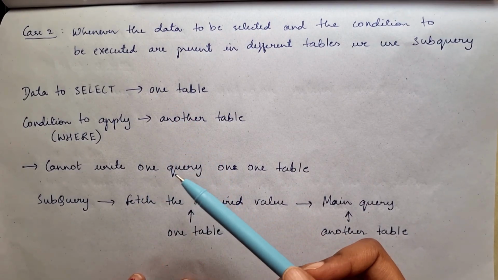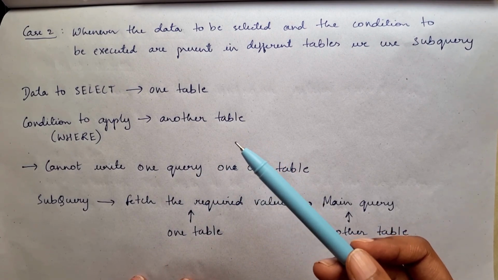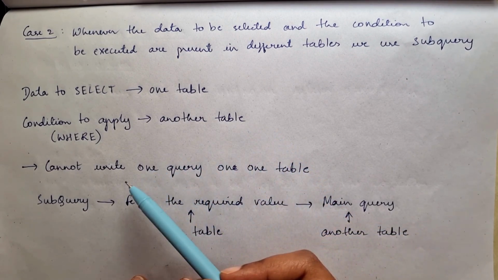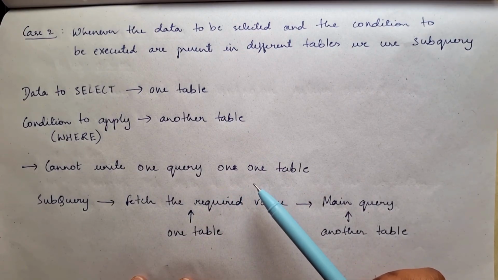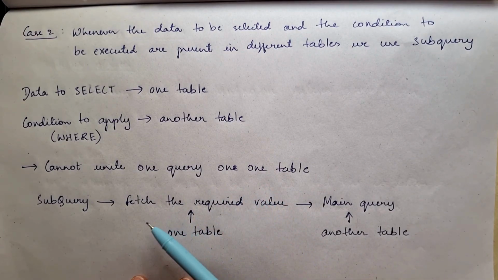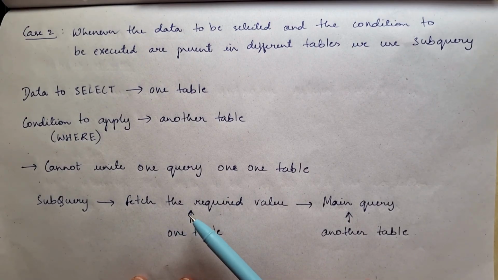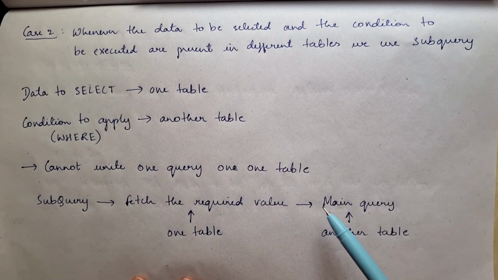Since the required information is spread across two different tables, we cannot directly write a single query on one table. So we use a subquery first and then fetch the required value from the table, and then we use that in the main query on the other table.